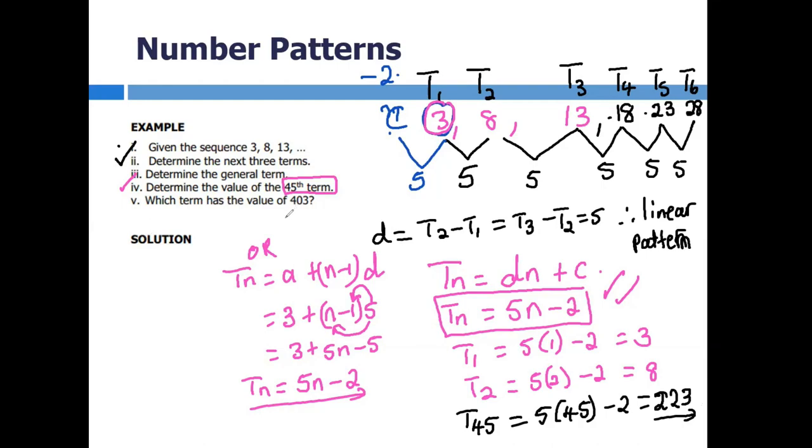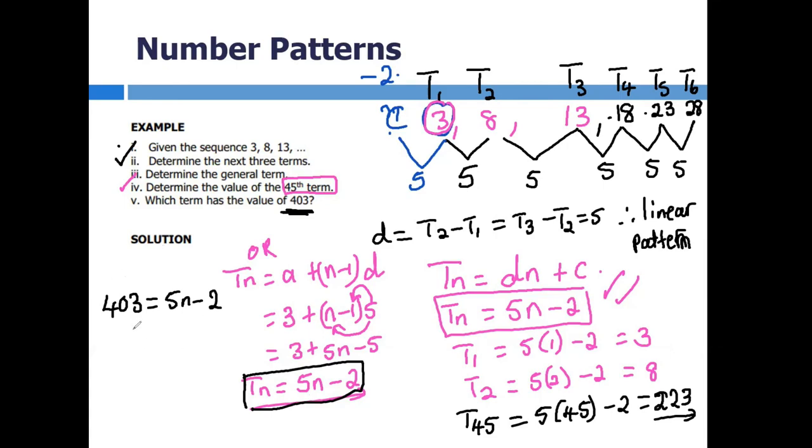Then the last question says, which term has the value of 403? So I am taking the whole Tn, and now I want to find n. So wherever Tn is, I'm replacing with 403 equal to 5n minus 2. So what am I doing here? I am solving a linear equation.